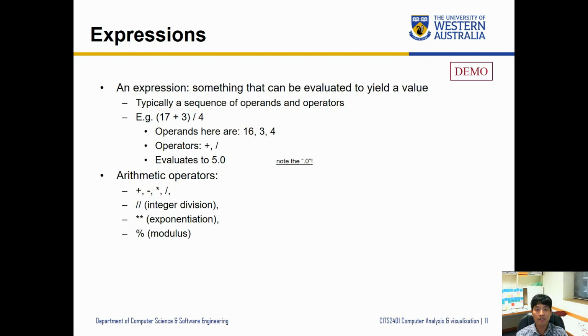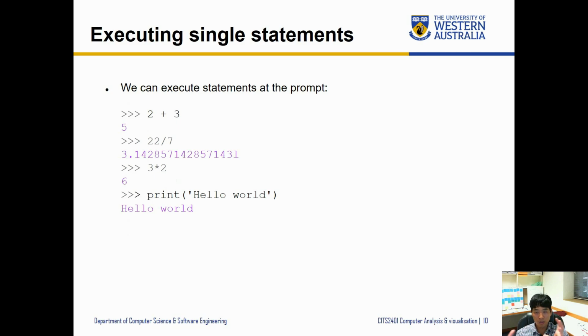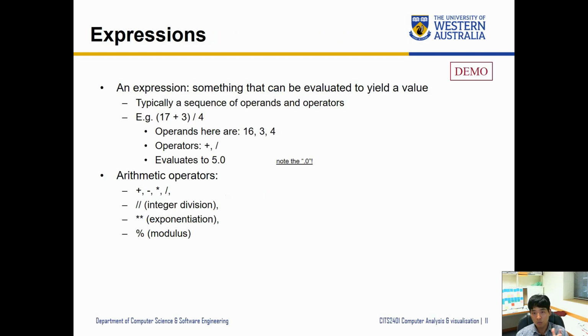So what we saw before, the whole thing is a statement, but if a statement is doing something that requires calculations like 2 plus 3, then we can call this an expression, right? So typically a sequence of operands and operators will form an expression.